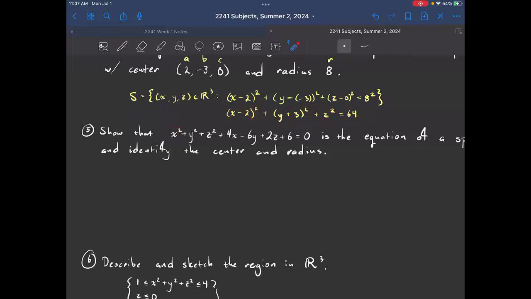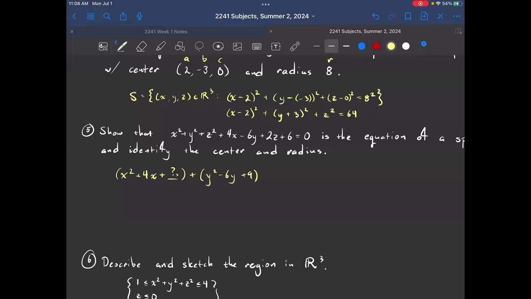So if we were to just pay attention to the x's, we'd have x squared plus 4x, and I'm going to put a plus blank here, because we don't know what's going to go there just yet. But we have that plus, and now we're going to pay attention to the y's, y squared minus 6y plus 9.